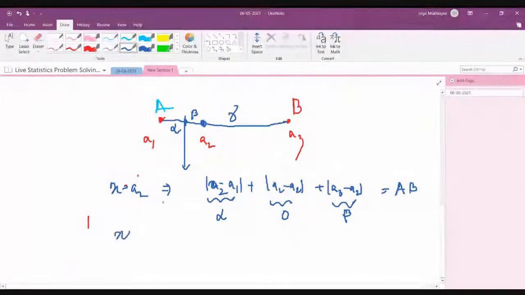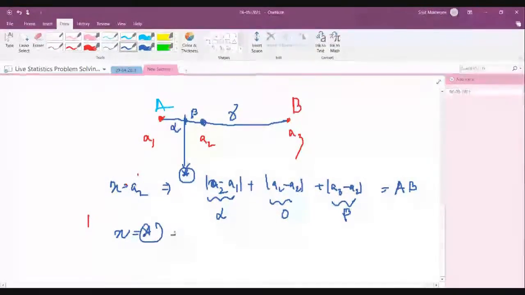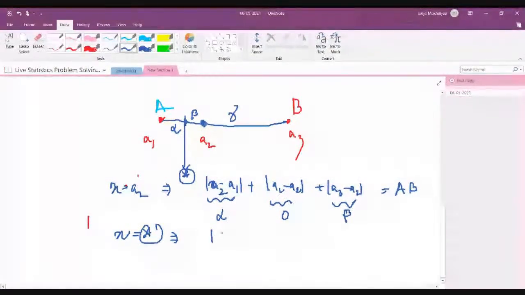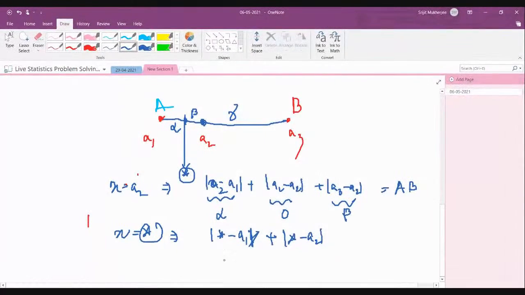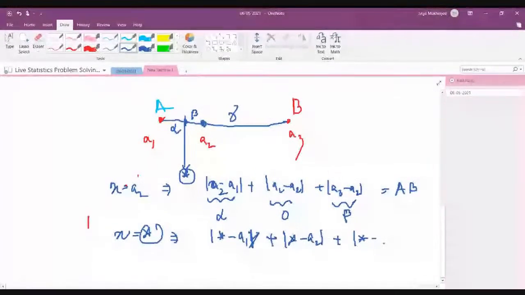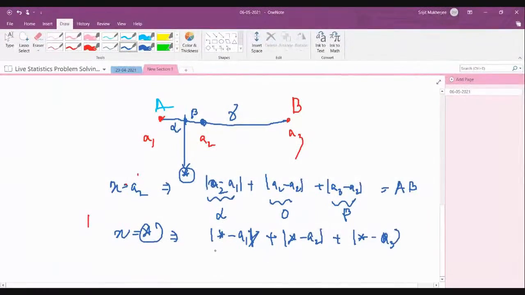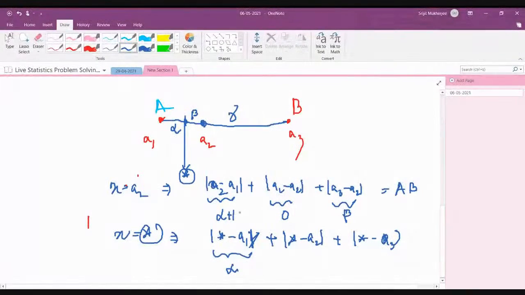If you take x equal to, let's say here, the star position, what do we get? Star minus a1 plus star minus a2, plus a3 minus star.